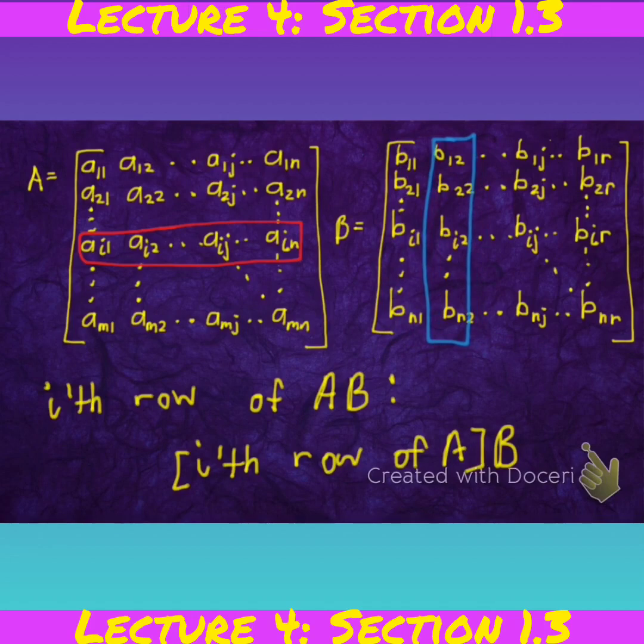You dot the ith row of A with the second column of B. Then you run through until you get the jth column of B, and you dot that with the ith row, and that is going to give me the jth entry of my ith row of A times B. Moving to the last column, we dot the ith row of A with the rth column of B, and that gives me the rth entry of my ith row of A times B.